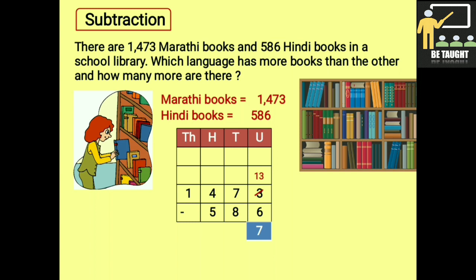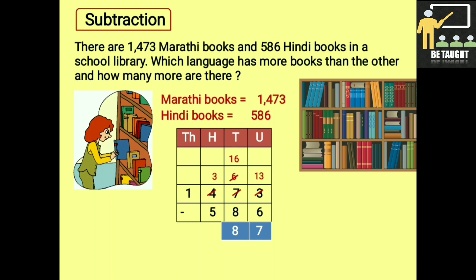Now since we had borrowed 1 from the tens place, so we write the number which comes before 7. That is 6. Now again 6 minus 8 is not possible. So we'll borrow 1 from the hundreds place. So here it will become 16. 16 minus 8 is equal to 8. Now since we had borrowed 1 from hundreds place, so we have to write the number which comes before 4. That is 3.